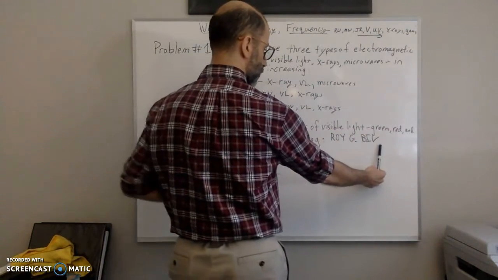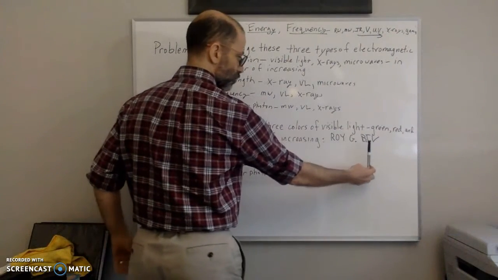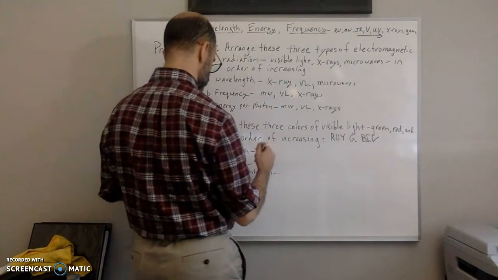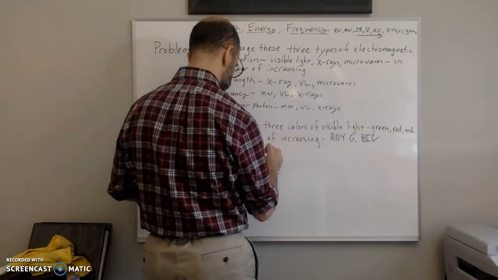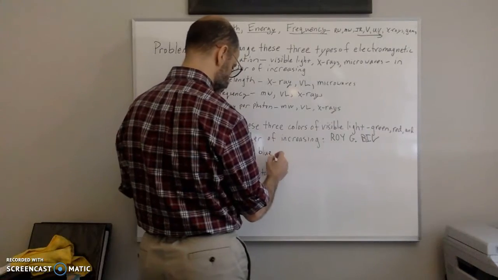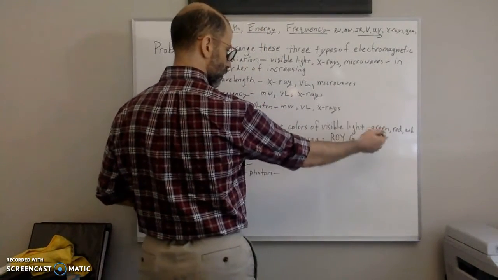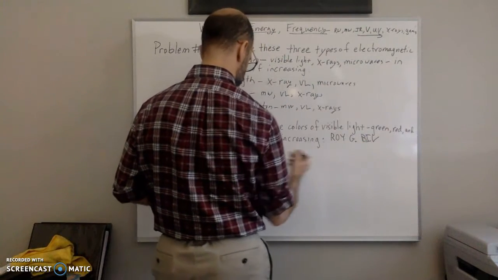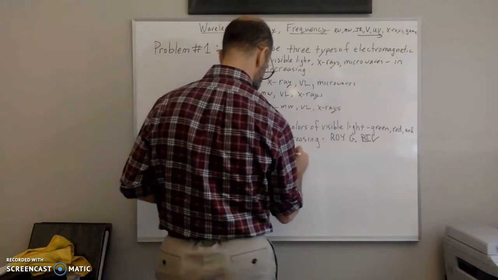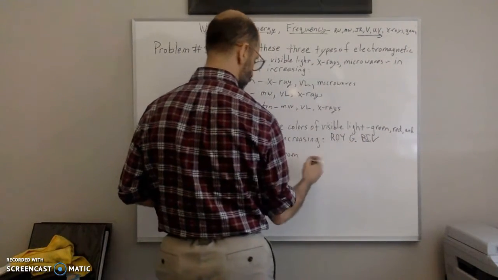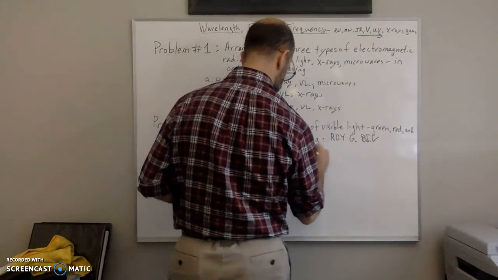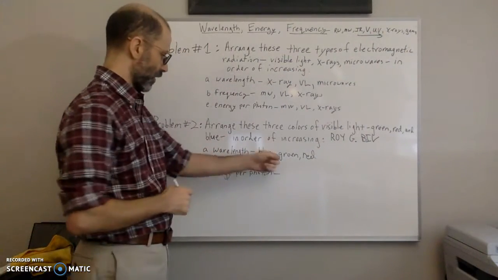So I have green, red, and blue. So blue comes first, and blue would be the shortest of these three. Where are my other colors? Green and red. Blue, green is next, followed by red as last. Red. And now I have the order here.